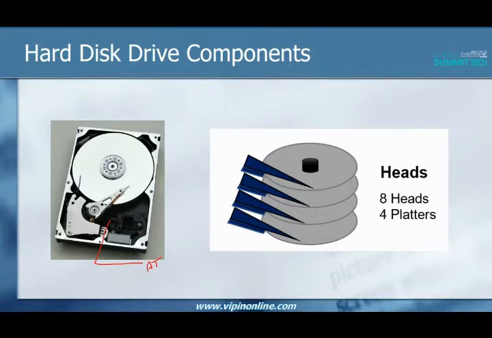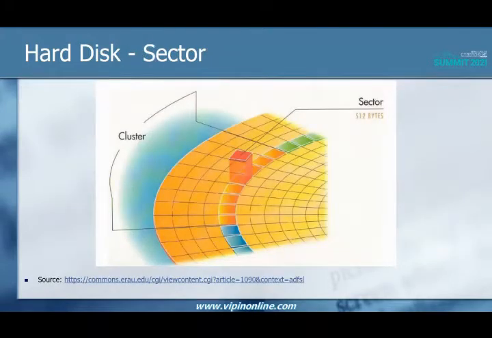Only if we understand all these things can we do them. So a hard disk is divided into clusters, and the clusters will contain the sectors. Usually a sector will contain how much information? 512 bytes. We can change that, but usually it is 512 bytes.